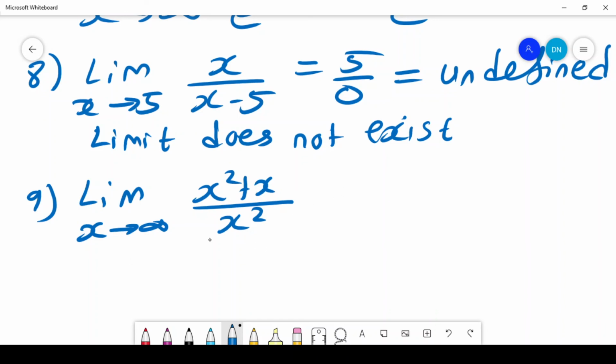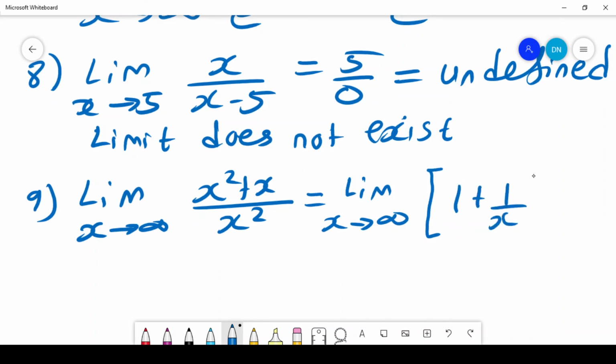So what I'll do is be slightly clever and write it in a different form. I'll write it as 1 plus 1 over x. And that takes me to 1 plus 1 over infinity, which tells me that the limit would be equal to 1.